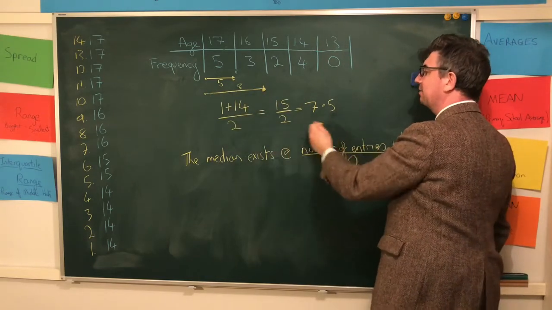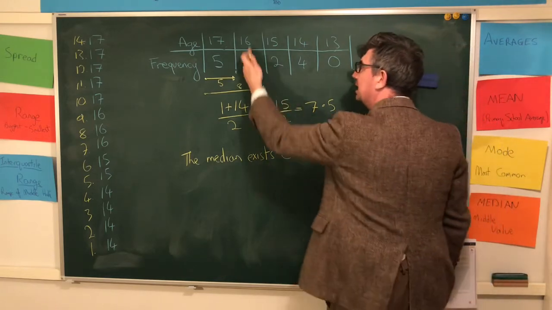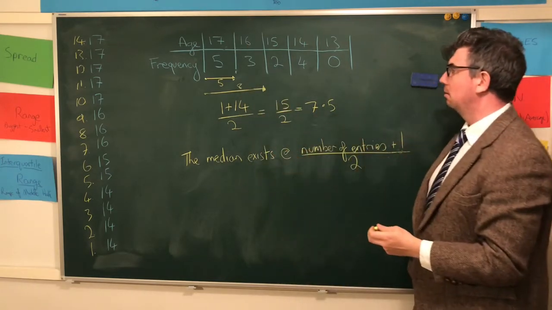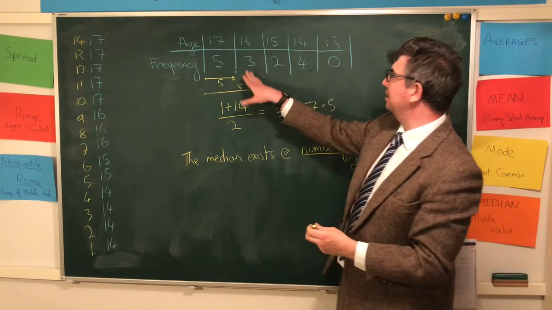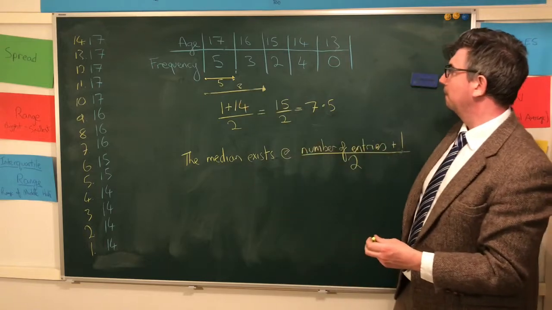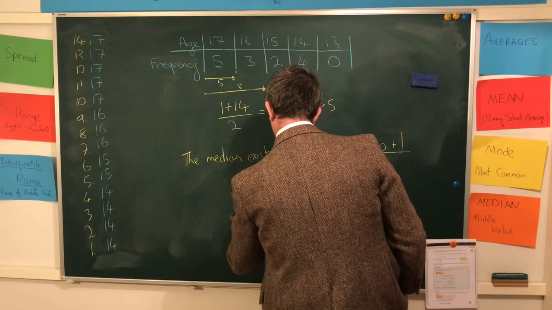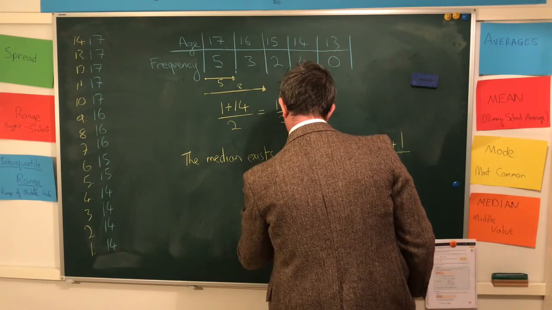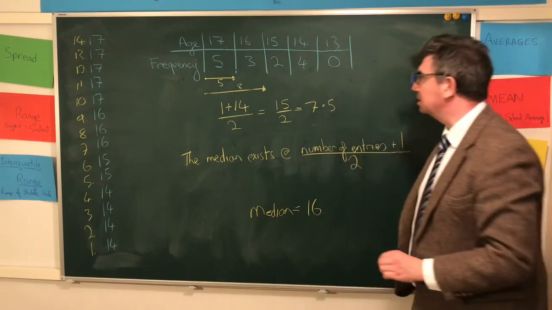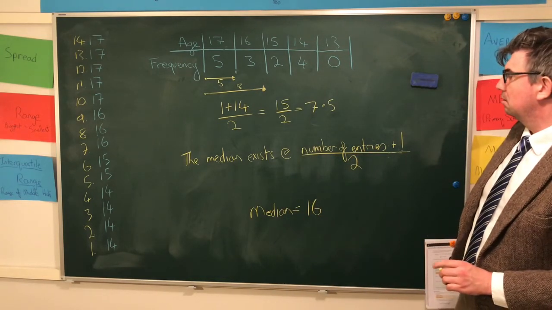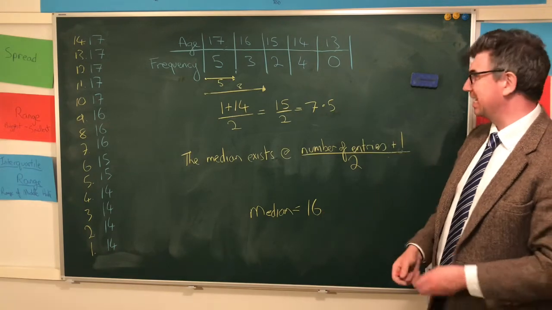So the median must be in this column. So the median is 16. We know it's at 7.5, but its value is 16.